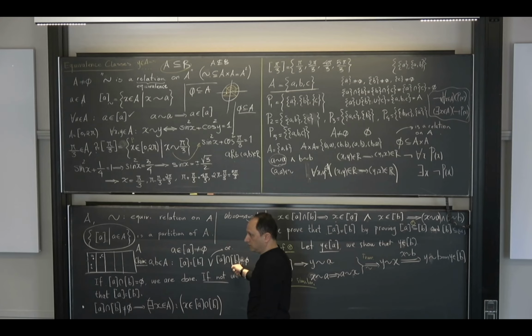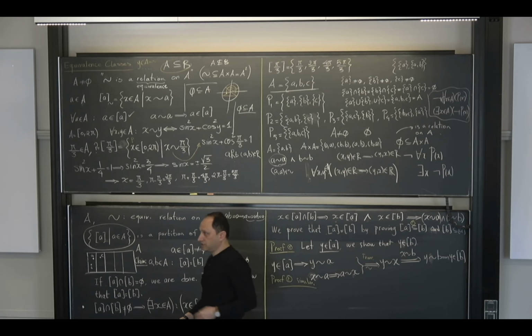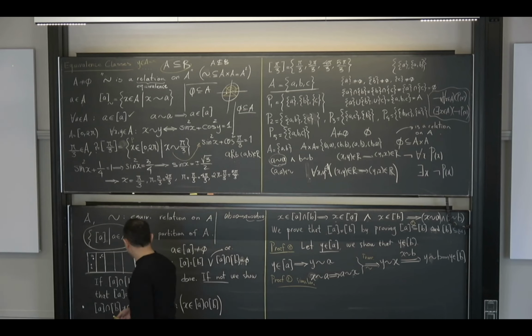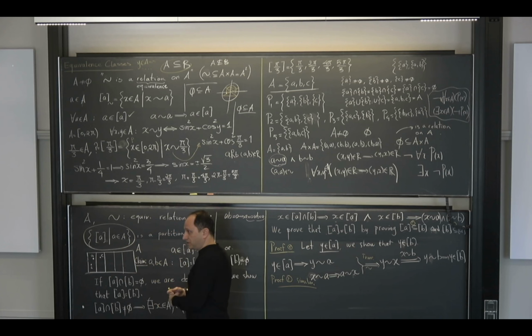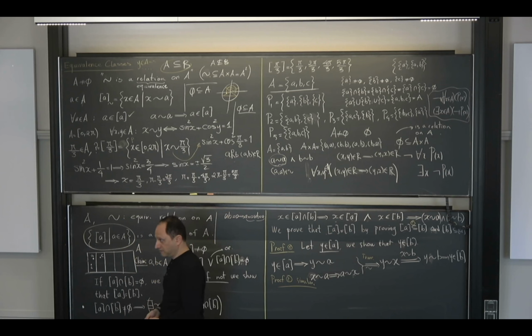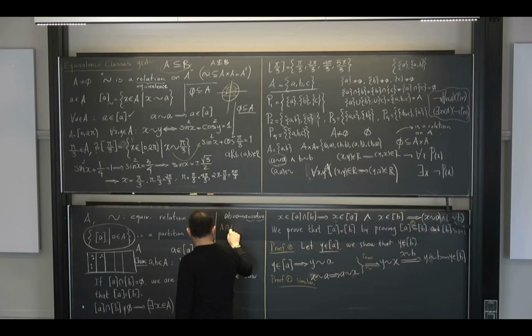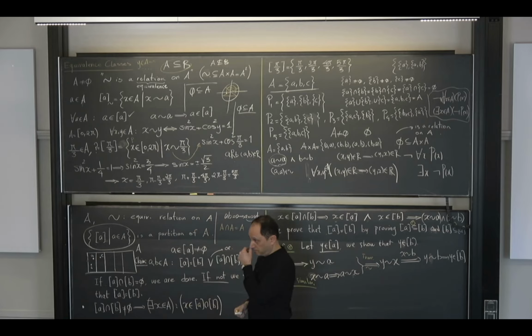No, the intersection is the same. If two sets are equal, the intersection of a set with itself, a set intersect with itself is the set. A intersection A is A, not empty.